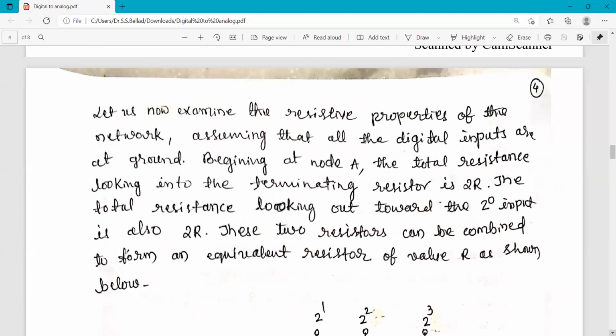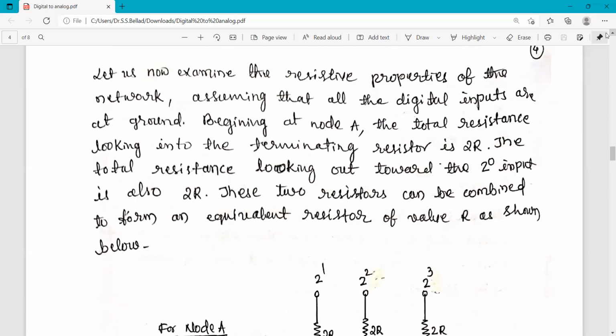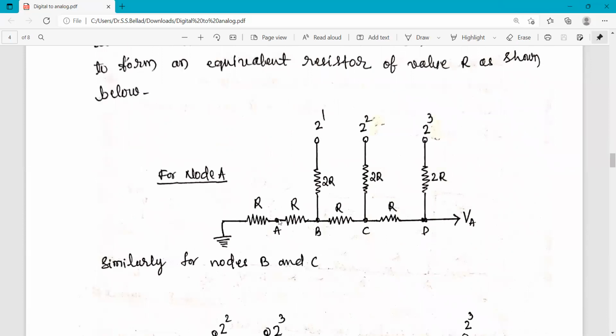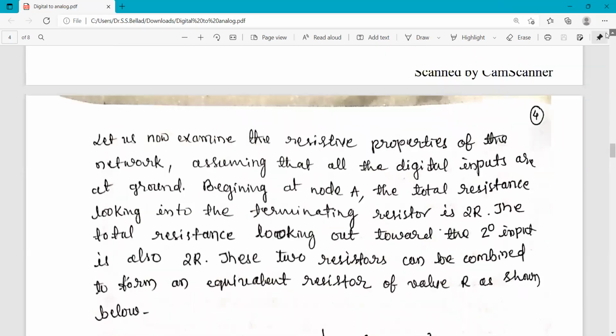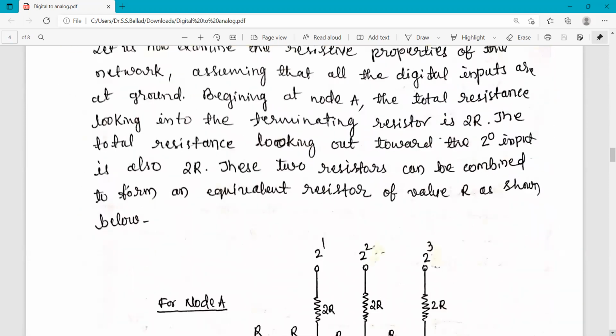Let us examine the resistive properties of the network, assuming that all the digital inputs are at ground.